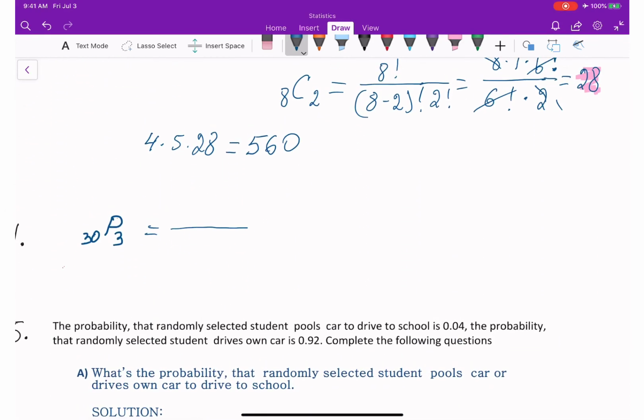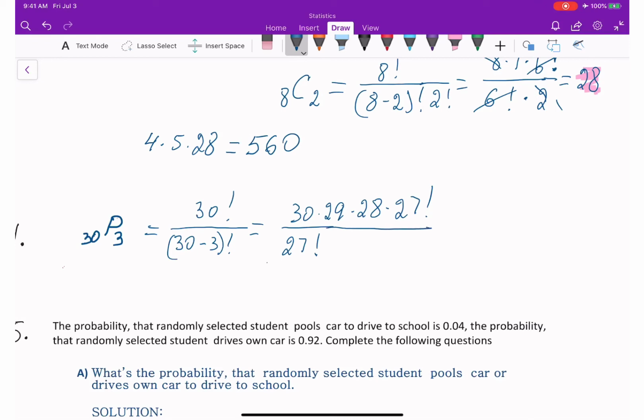Alright, so we have 30 factorial divided by 30 minus 3 factorial. That's it. I don't put here 3 factorial. So since at the bottom I will have 27 factorial, so further I'm opening till 27 factorial. This is gone with this. Alright, so let's see.